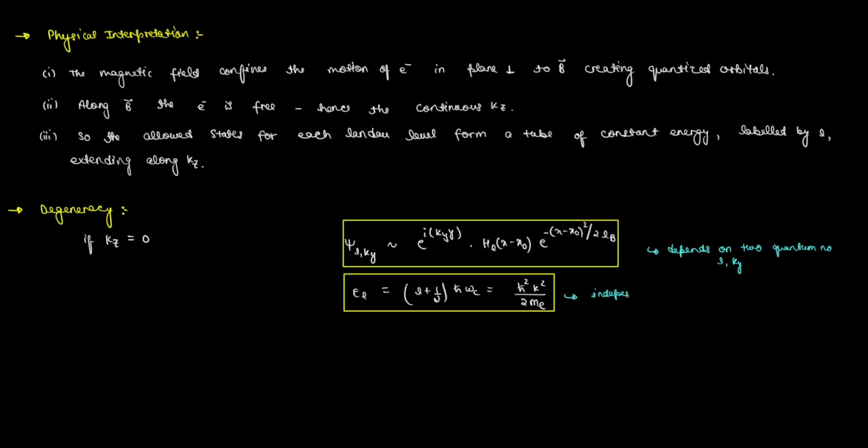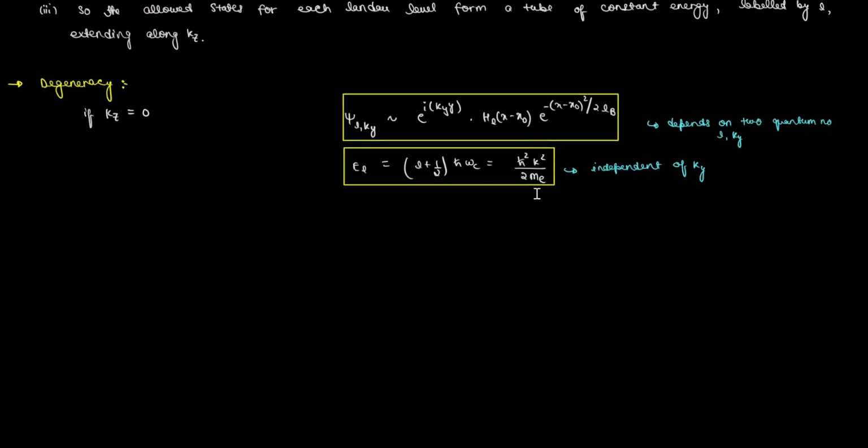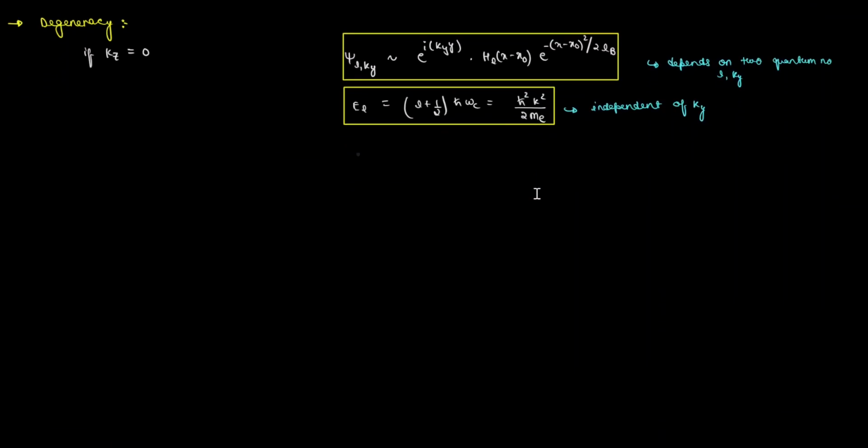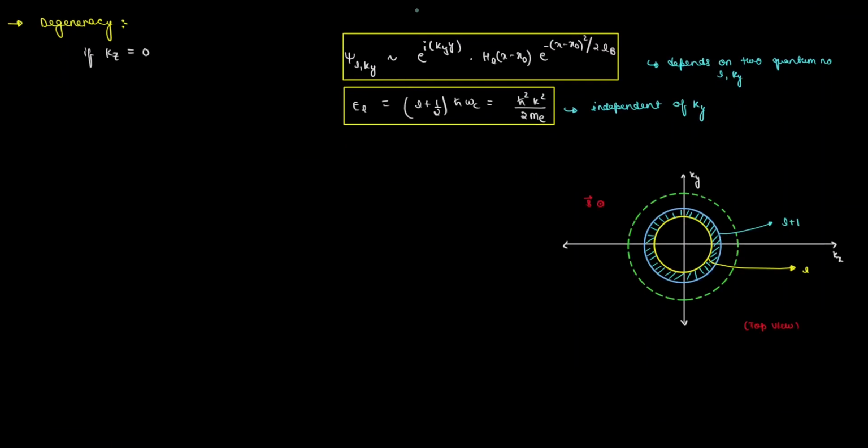So therefore for a particular energy state, we have a large number of choices of wave functions, and this corresponds to the degeneracy. So therefore the Landau levels are not unique, and there exists a huge degeneracy with many states having the same energy.